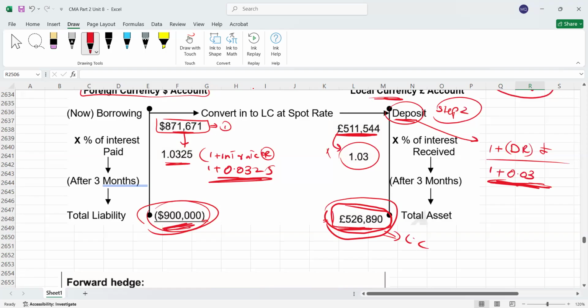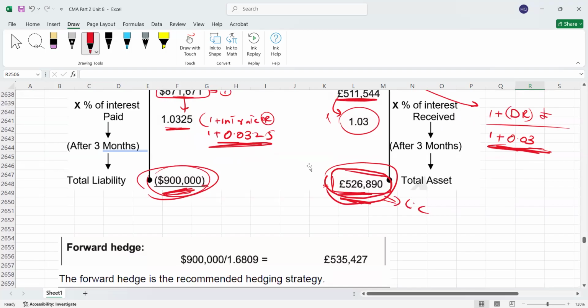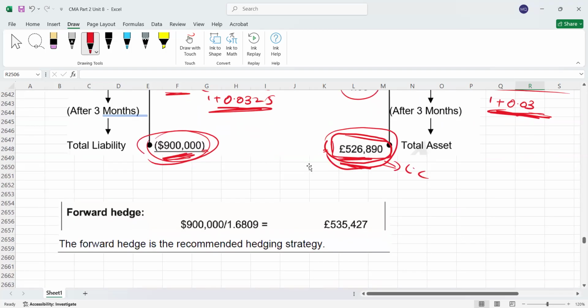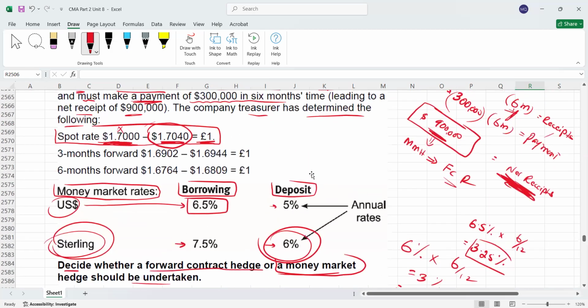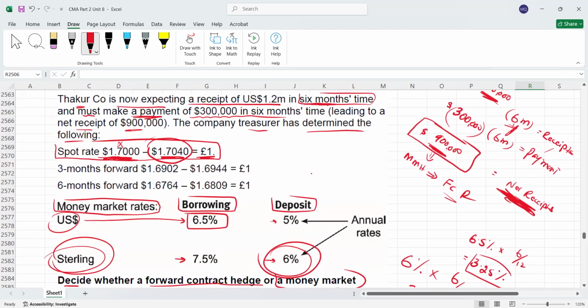Okay, now the money market hedge is over. So by using the money market hedge, the foreign currency receipt hedging would result in 526,890 pounds. Now if you want to compare with FRA, sorry, forward rate contracts or agreement, there you have to check here, guys, because you have a net receipt of 900,000 in 6 months time, right? So this is now the 6 month forward rate.